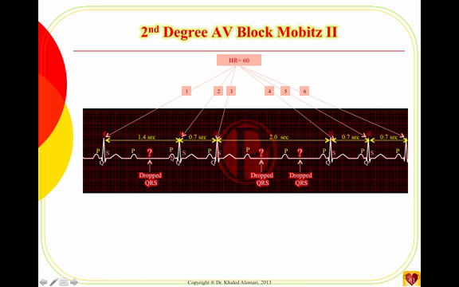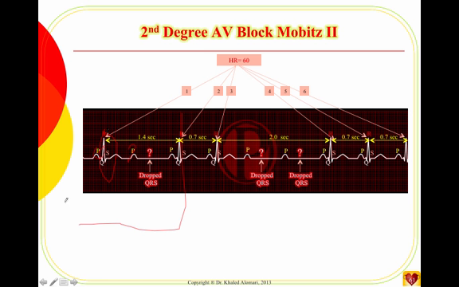Then the cycle starts. Now we have P, P, and then another P and another P. So until here, you could say that this is a second degree type 1, because you have 1 and then 1 was blocked. So the ratio is 2 P's to only 1 QRS.